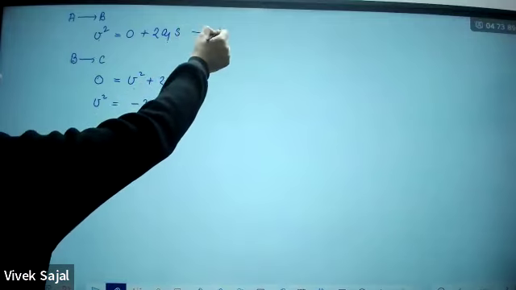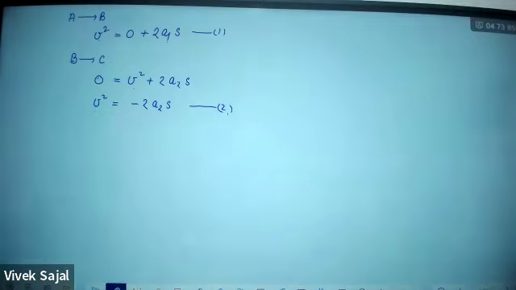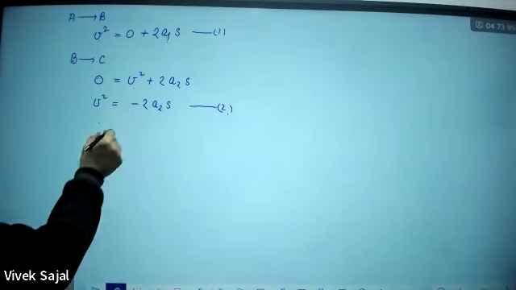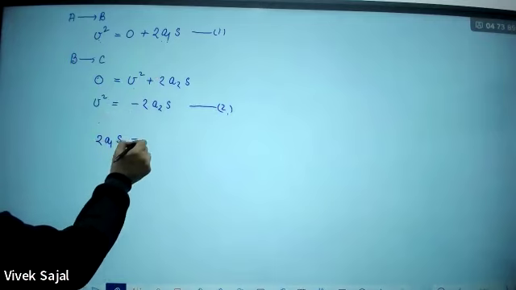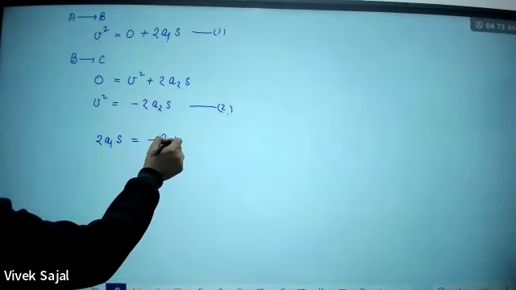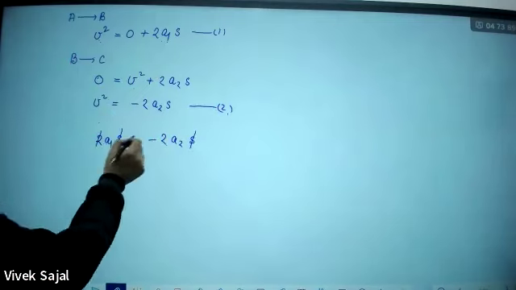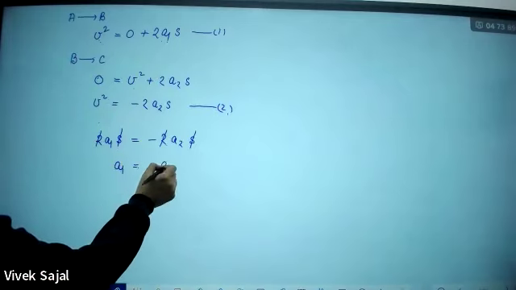Now equation 1 and equation 2 are equal, so v square will be equal. These two will be equal: 2a1s equals minus 2a2s. So s will cancel out, 2 will cancel out, and a1 will be equal to minus a2.